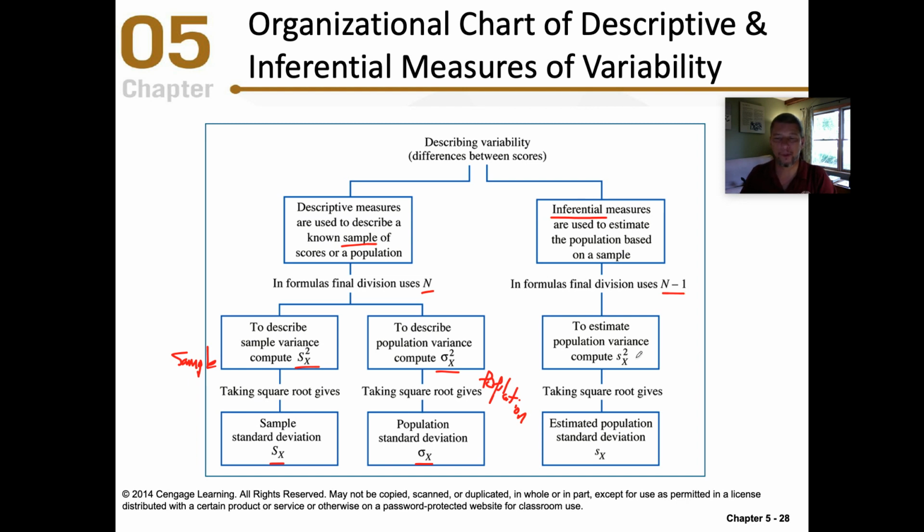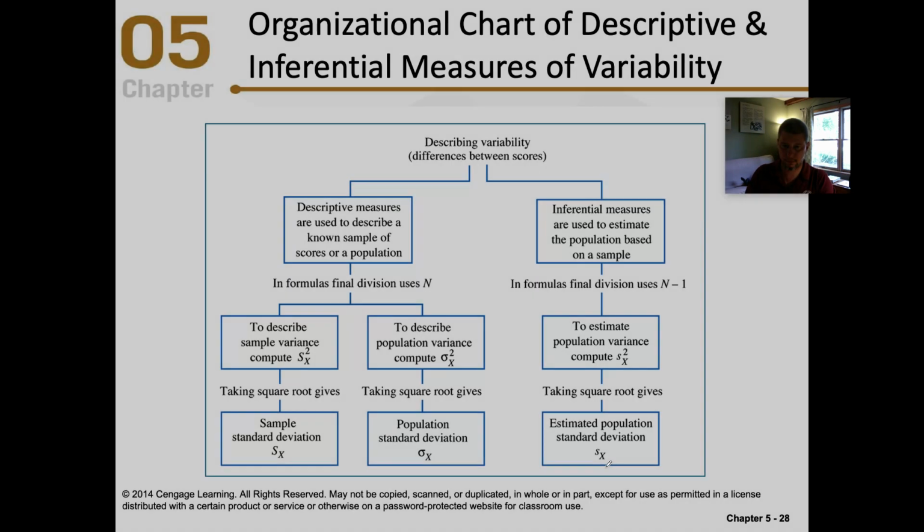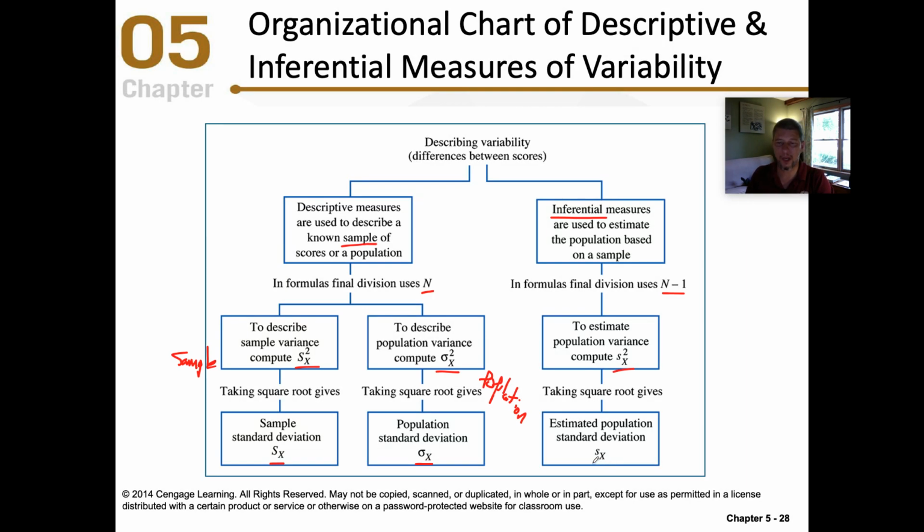To estimate the population variance, I use little s squared. And to estimate the population standard deviation, I use little s. Now, we're going to pretty much ignore the middle two here. We're going to either describe the sample or use the sample to estimate the population. Those are really the two things we'll concentrate on.